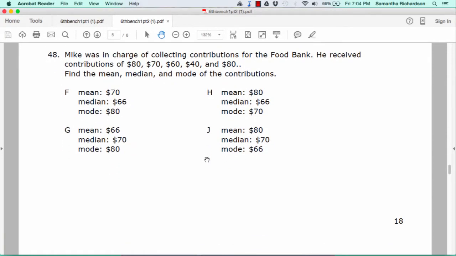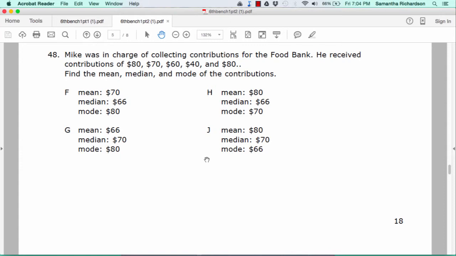Question 48. Mike was in charge of collecting contributions for the food bank. He received contributions of $80, $70, $60, $40, and $80. Find the mean, median, and mode of the contributions. F. Mean $70, median $66, mode $80.